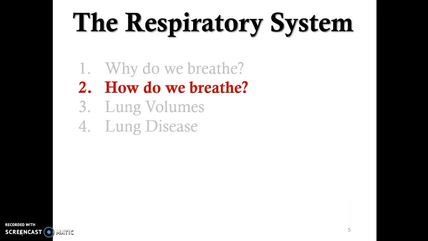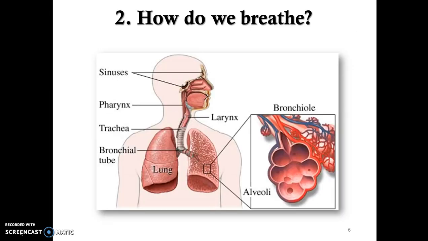So then we can move to how do we breathe? Just a review of anatomy here. We've got air coming in through the mouth or the nose, going past the pharynx, and then it could go one of two ways. It can go into your digestive system or into your respiratory system.